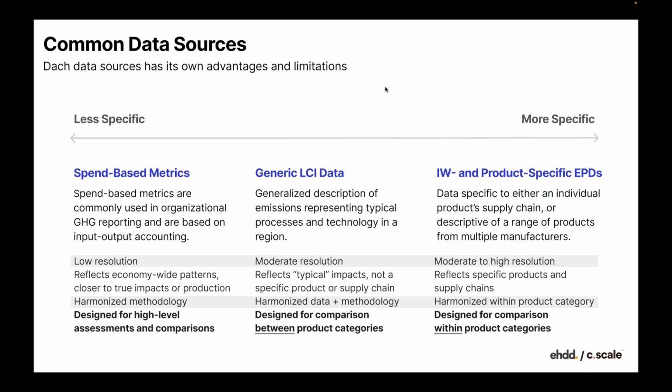Industry-wide and product-specific EPDs, because of the data fragmentation that Stacy mentioned, are really best geared toward making comparisons within product categories. So I'm comparing concrete A to concrete B, or wood from British Columbia to wood, say, from the Southeast United States. As we build the neatly stacked order of data in the volcano that Stacy illustrated earlier, then we can do more.